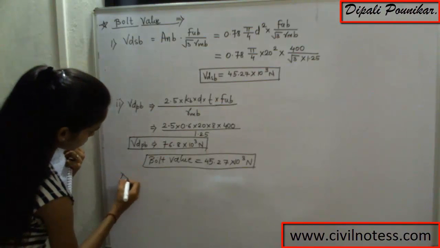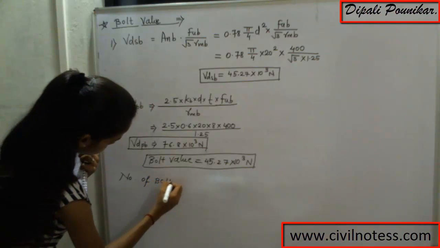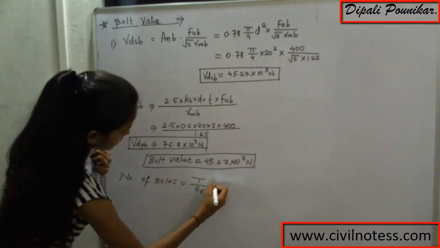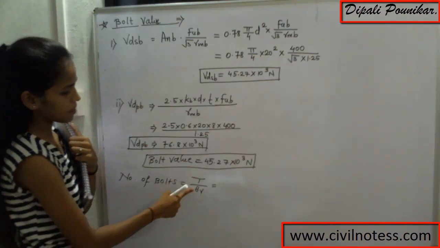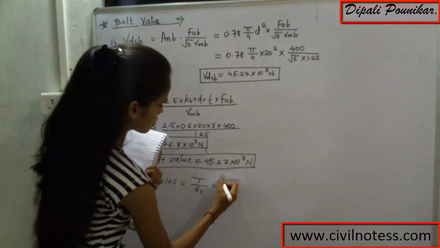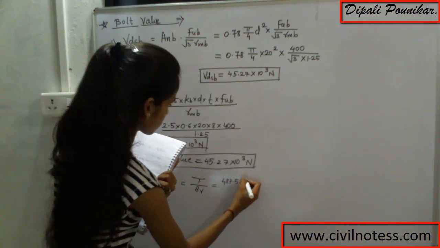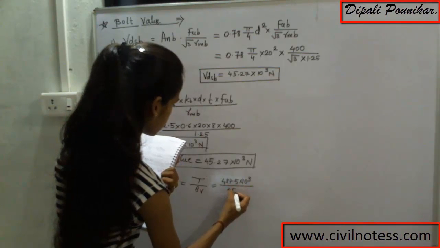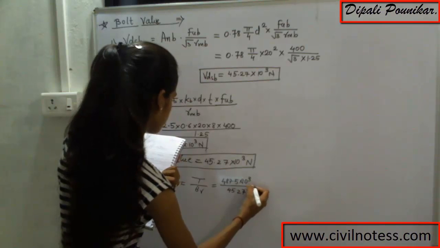So the number of bolts equals T upon Bb. T means the tensile load, that is the factored tensile load, and Bb is the bolt value. This T is 487.5 into 10 to the power 3 upon 45.27 into 10 to the power 3.